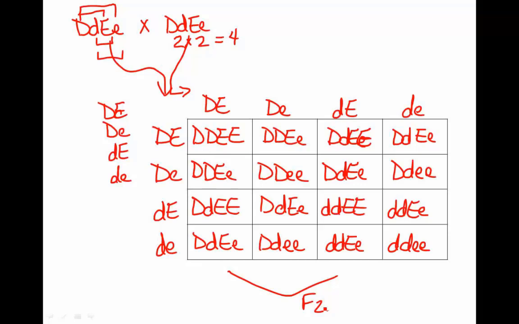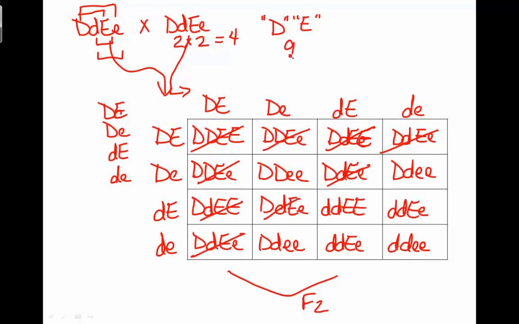Now, if we go through and list all the possible phenotypes, basically some offspring have the big D look and the big E look to them. So if we count those up, here we would have 1, 2, 3, 4, 5, 6, 7, 8, and 9.